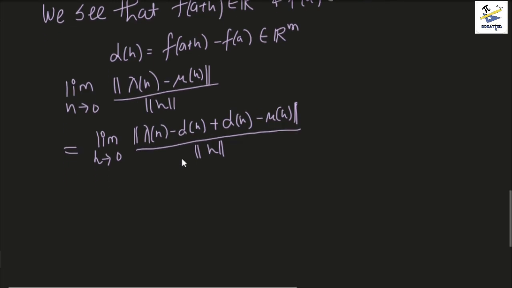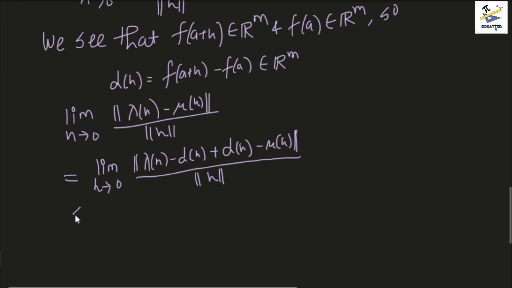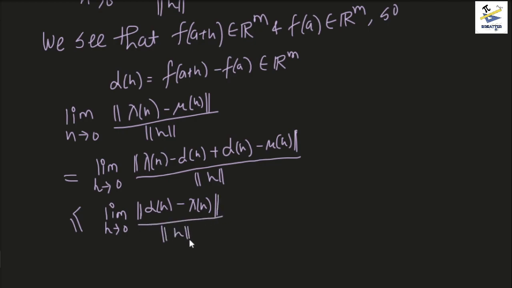So we can write, and this is 0 because we know from the given facts that d of h is f of a plus h minus f of a.